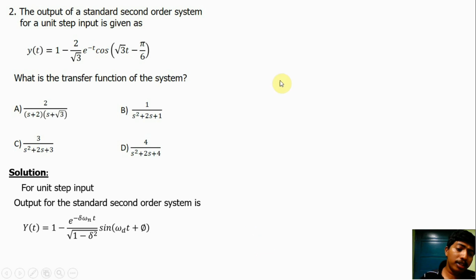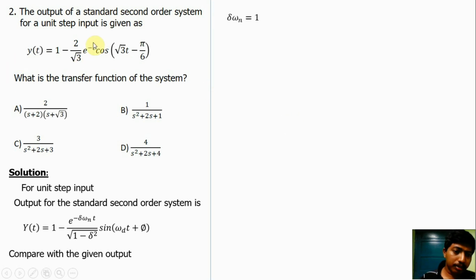Comparing this output with the given, we can get del omega n is equal to 1, from the exponential term. This value is equal to 1 by root of 1 minus del square. So we can get root of 1 minus del square is equal to 3 by 2.